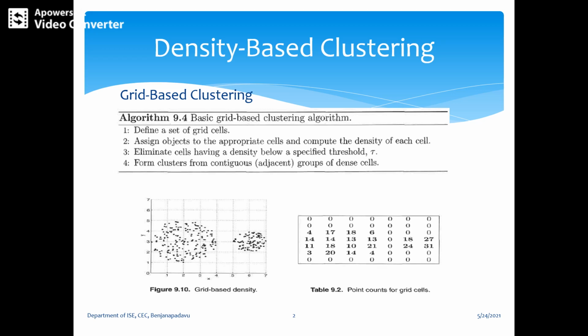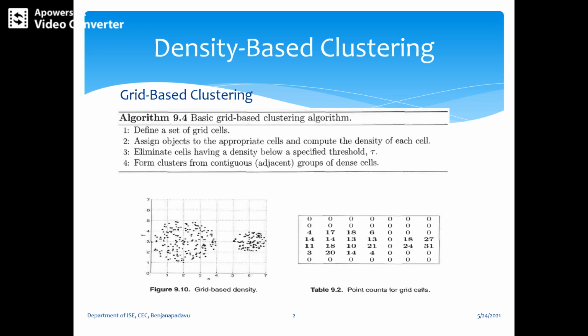Each object falls into a grid cell whose corresponding attribute intervals contain the values of the object. So an object can be assigned to a grid cell in one pass through the data, and information about each cell, such as the number of points in the cell, can also be gathered at the same time.